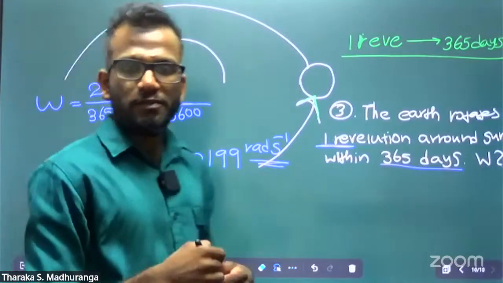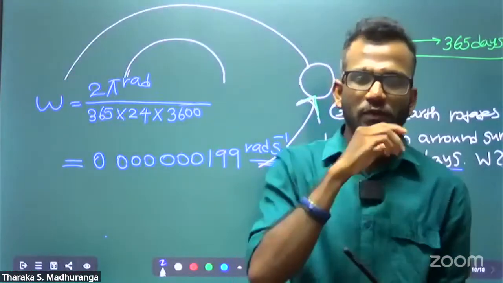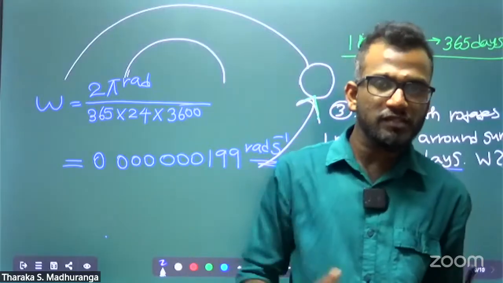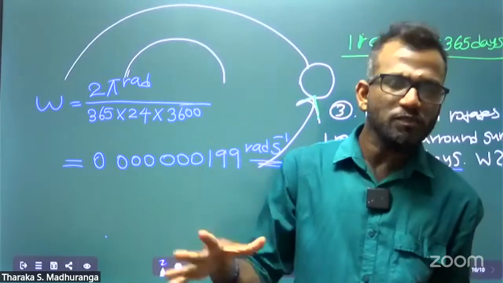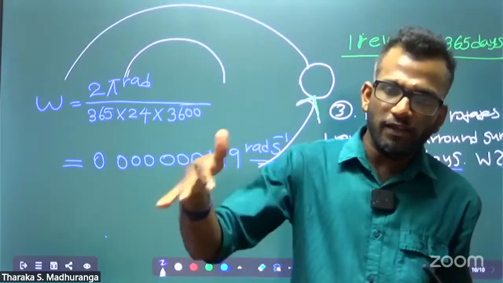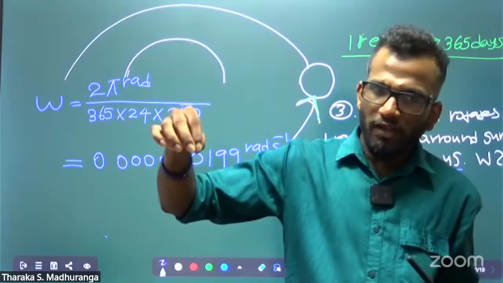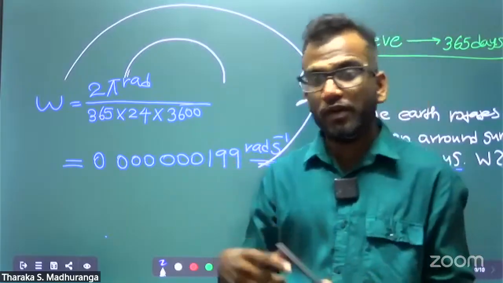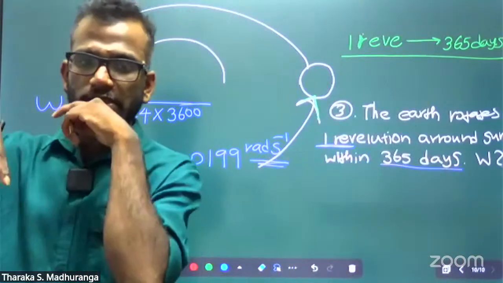Per 1 second, it rotates by this very small value. That's why we can't feel that it is rotating. It takes 365 days per one revolution.